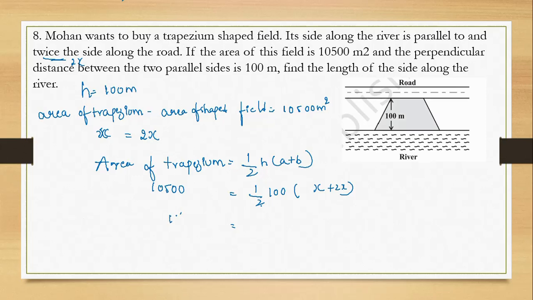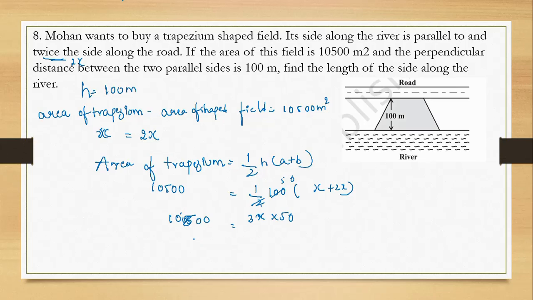So 10,500 is equal to, if we cancel, 50 into x plus 2x, that is 3x into 50.